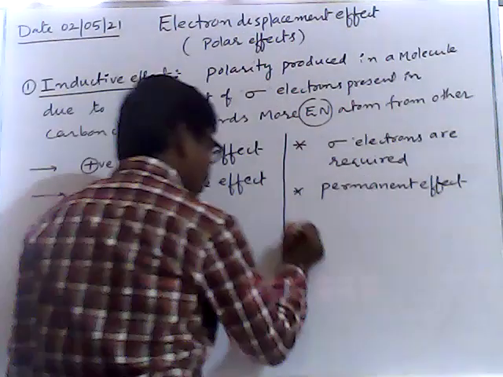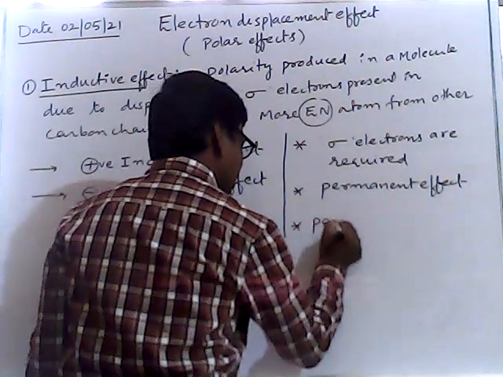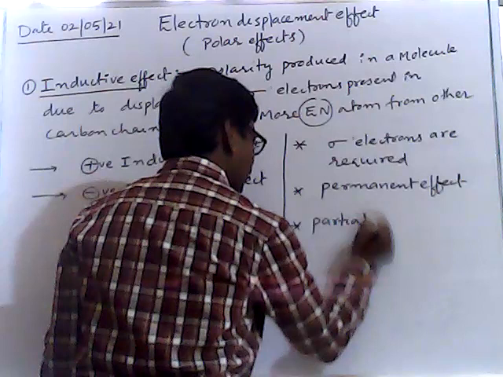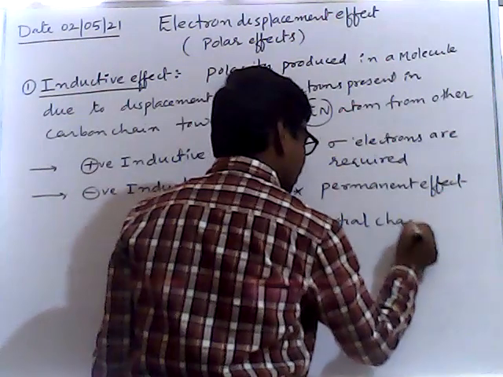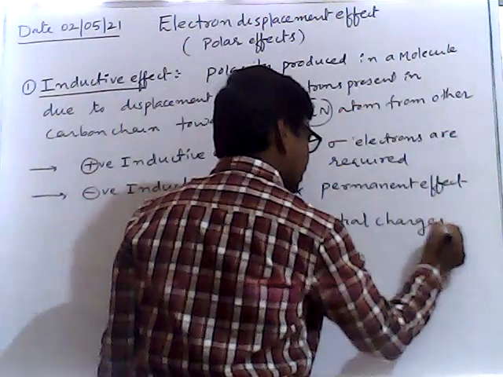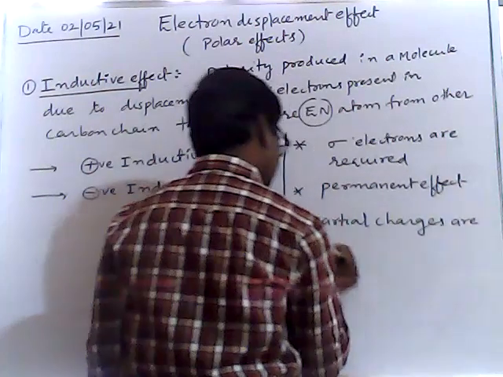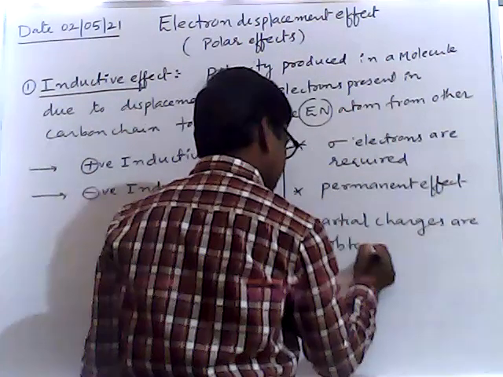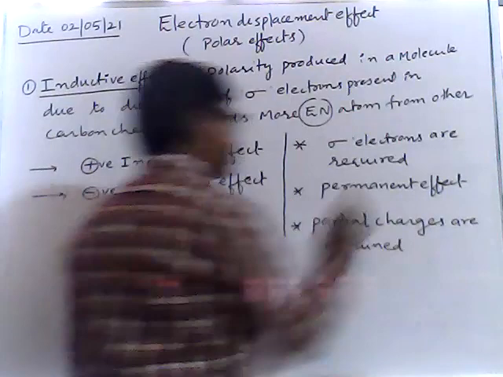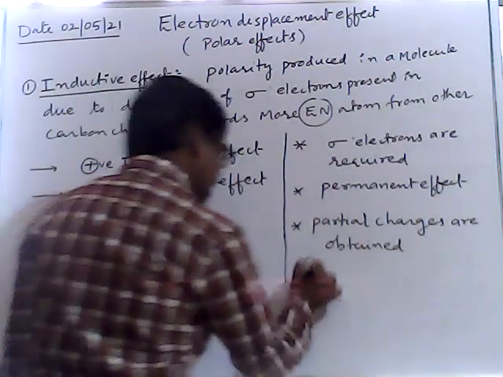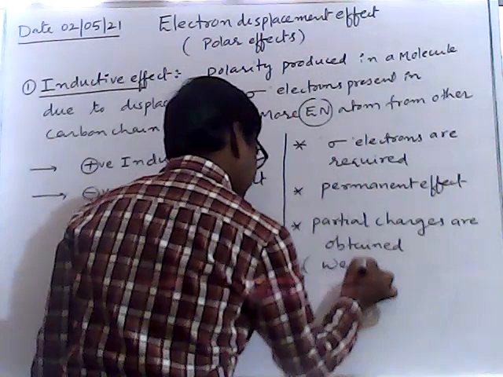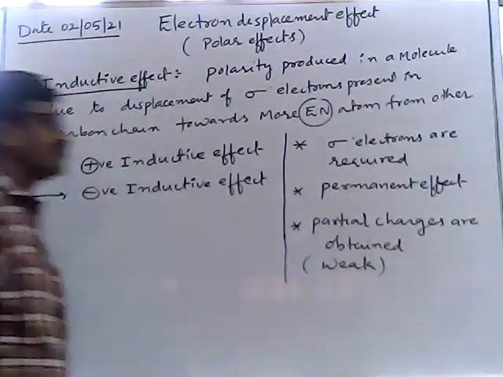But one more thing is partial charges are produced here. Partial, otherwise fractional charge, not complete. Partial charges are obtained here. So because of partial charges, it is a weak effect.